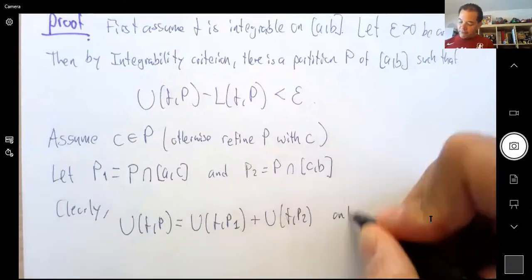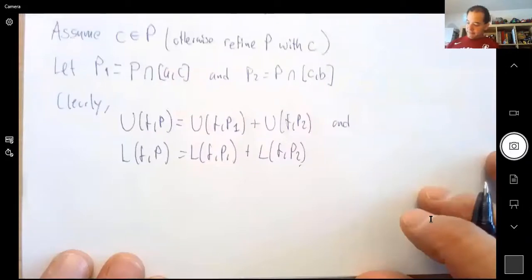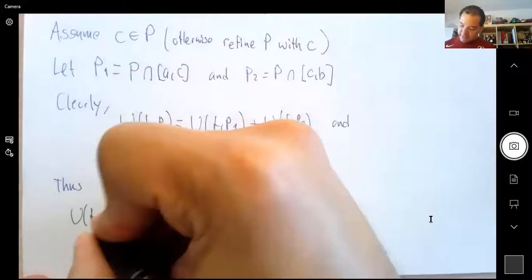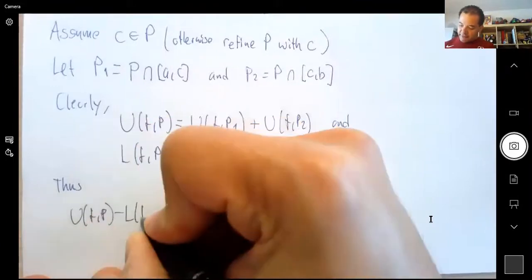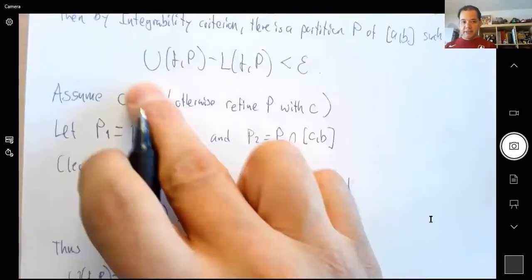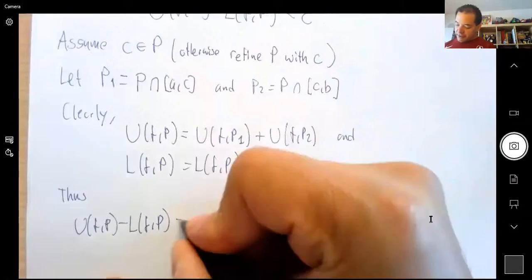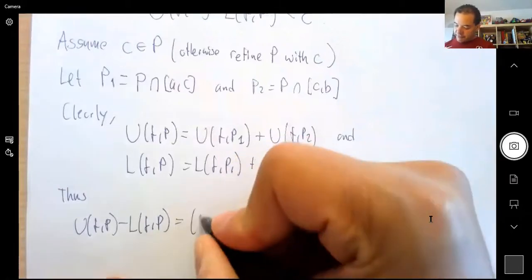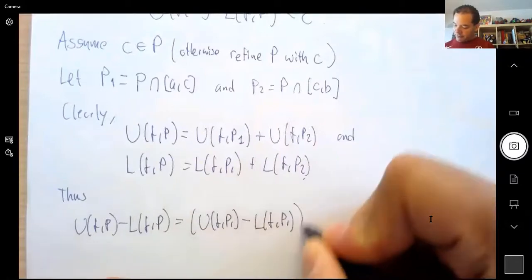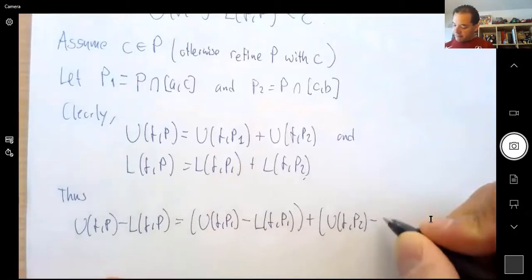And the same for the lower sum, right? And thus, if I do this, the U minus the L of the big one, remember that that one is less than epsilon. If I now substitute this, then I can write this as U of f of P1 minus L of f of P1 plus U of f of P2 minus L of f of P2.